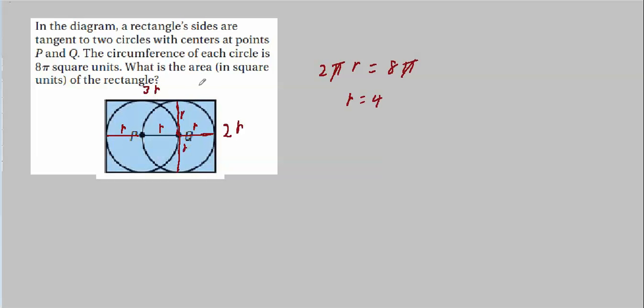Well, it's going to be 3 times 2, or 6. Area of the square is going to be 6 r squared, or 6 times 16 if I haven't made any mistakes. And we get 96 for the area of this rectangle.